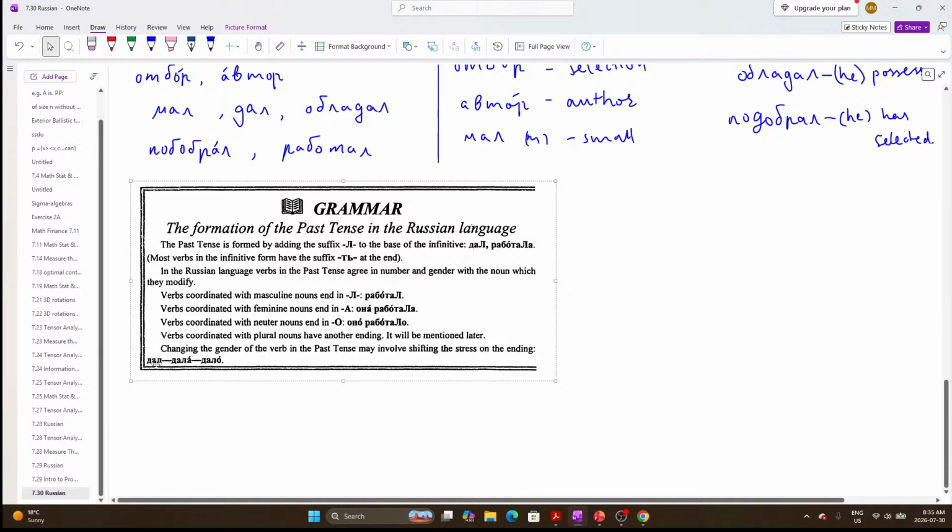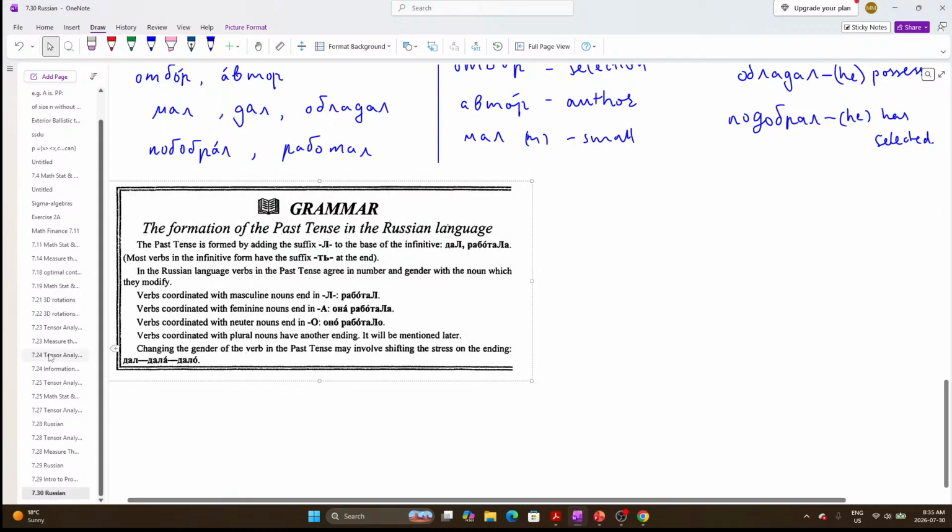Dal, because this is only one syllable. Dala, the stress is shifted. Dalo. Okay, great. Verb conjugation. Okay, so now we will do some verb conjugation exercise. Exercise: form verbs of feminine and neuter gender from the verbs of masculine gender in the past tense. Okay.